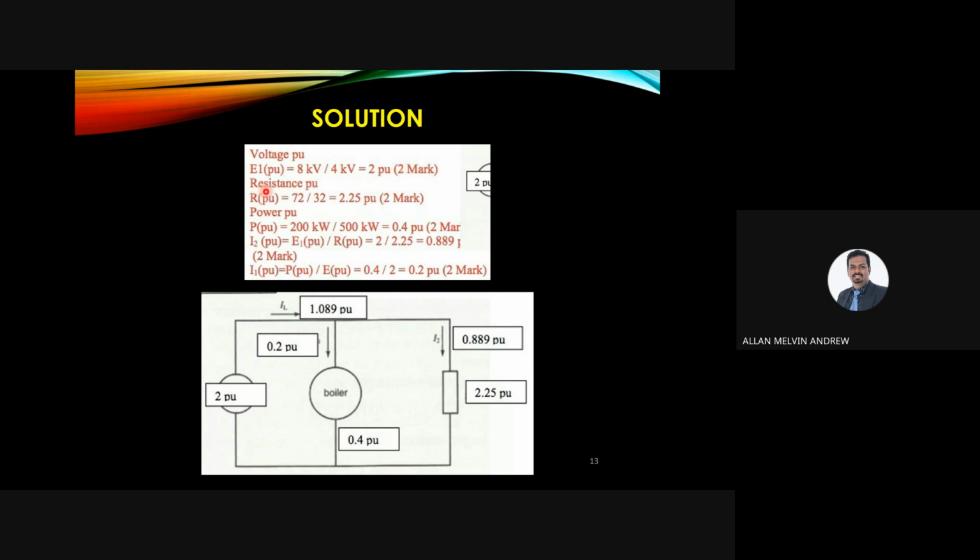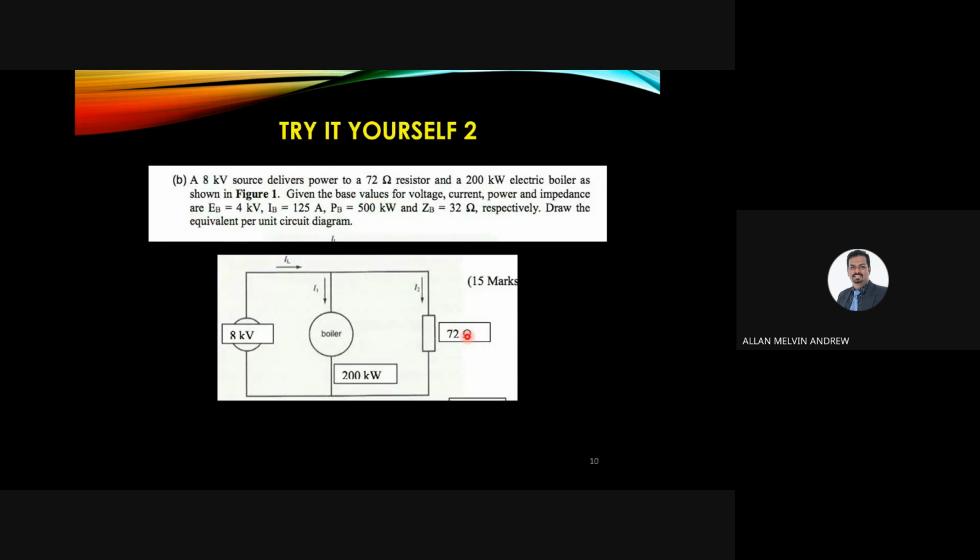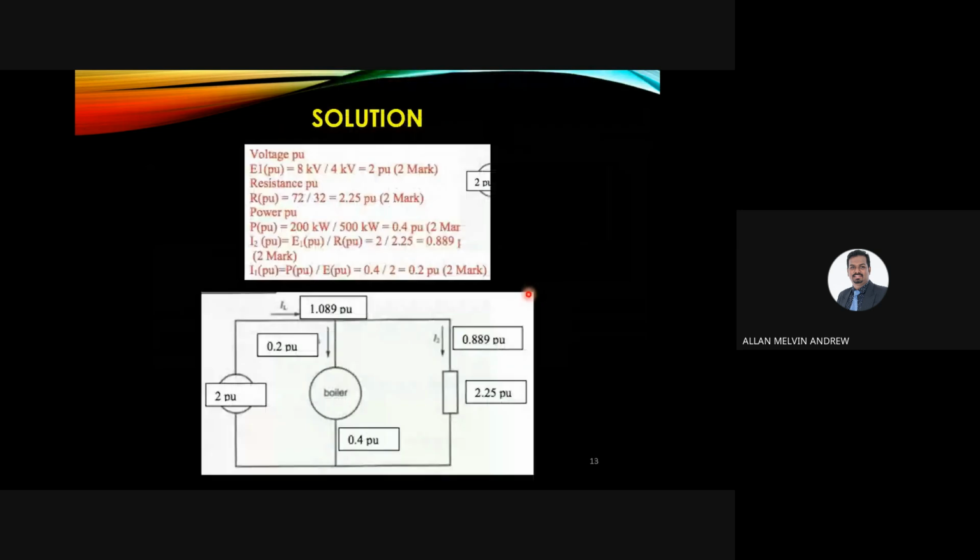Then calculate for resistance. The impedance is 72 divided by 32. Sorry, you get 2.25 pu.